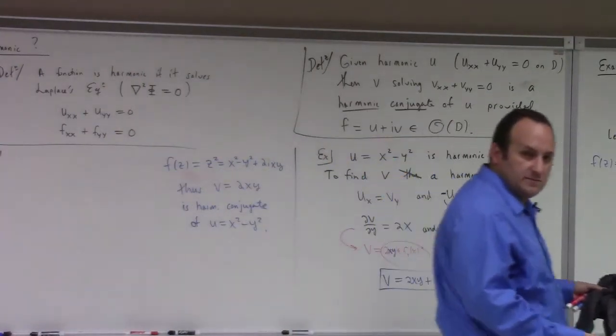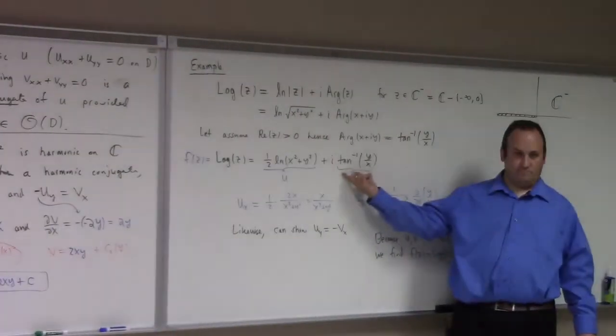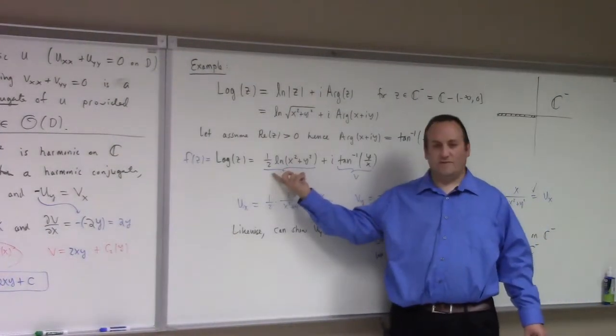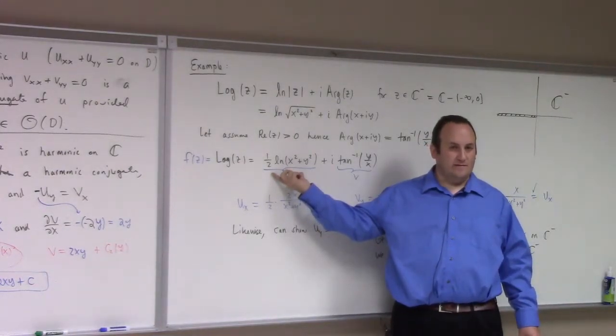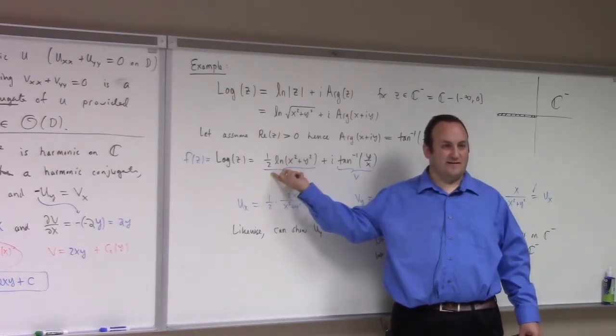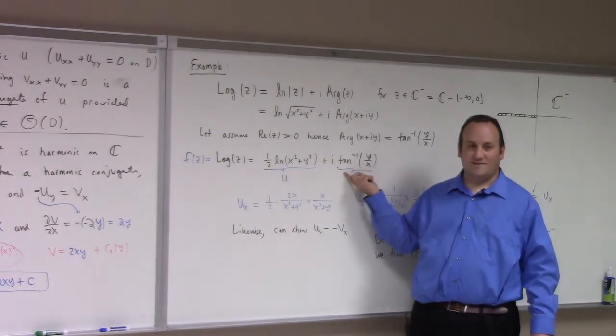Any questions? Here's an example. Well, I'll keep it easy. Suppose I told you that the natural log of the square root of x squared plus y squared was a harmonic function on the slit complex plane, right? And I said, find the harmonic conjugate. You'd be like, well, that would only work on quadrants 1 and 2, right?